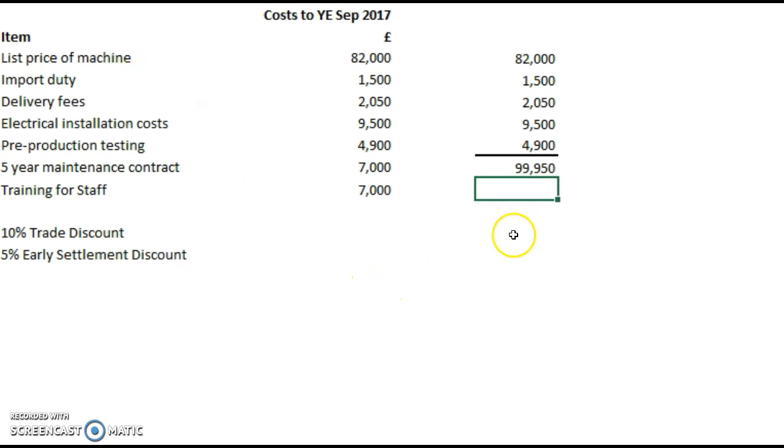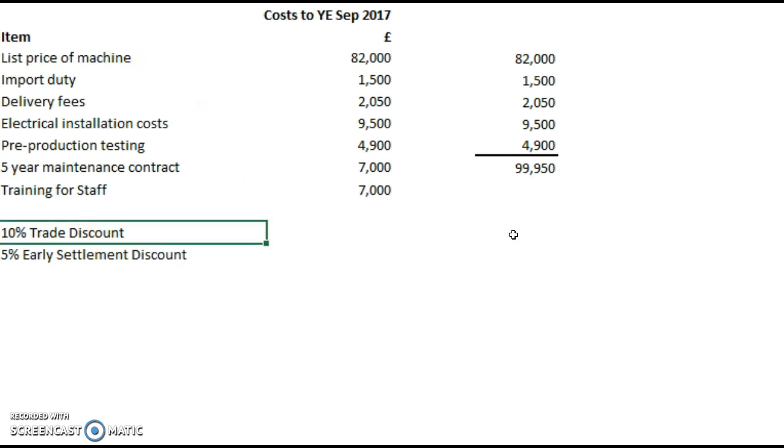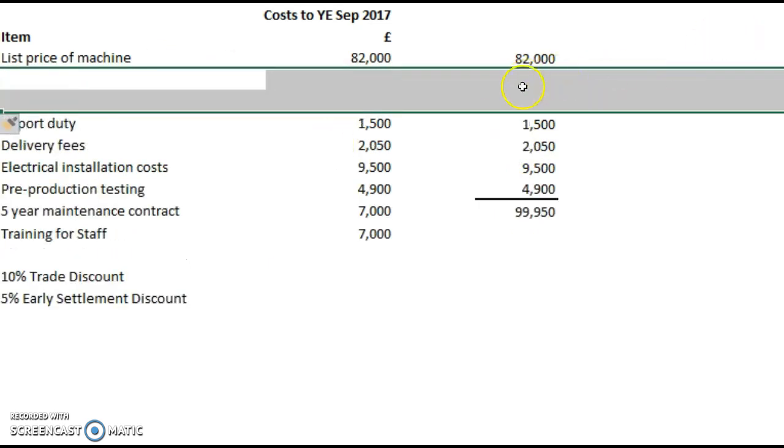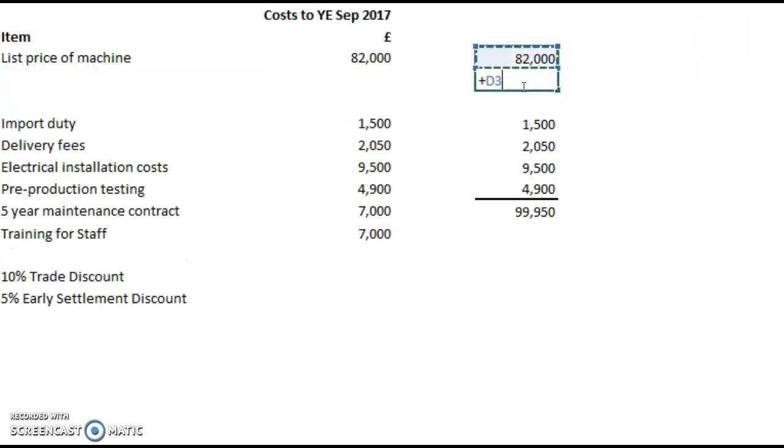Now, we'll accept the trade discount, and the trade discount comes off just the list price of the machine. So if we just add another line in here, we can just take off our trade discount, and that's 10%. 10% of the list price gives us a discount of 8,200.